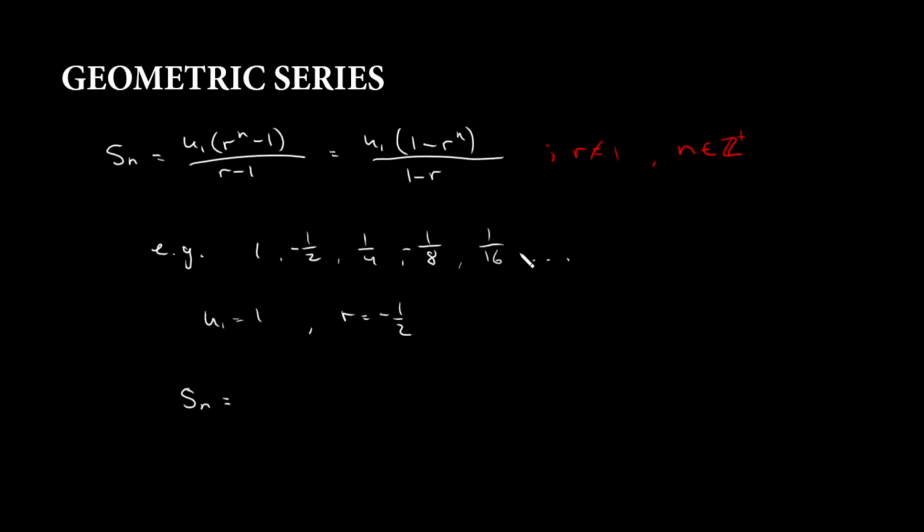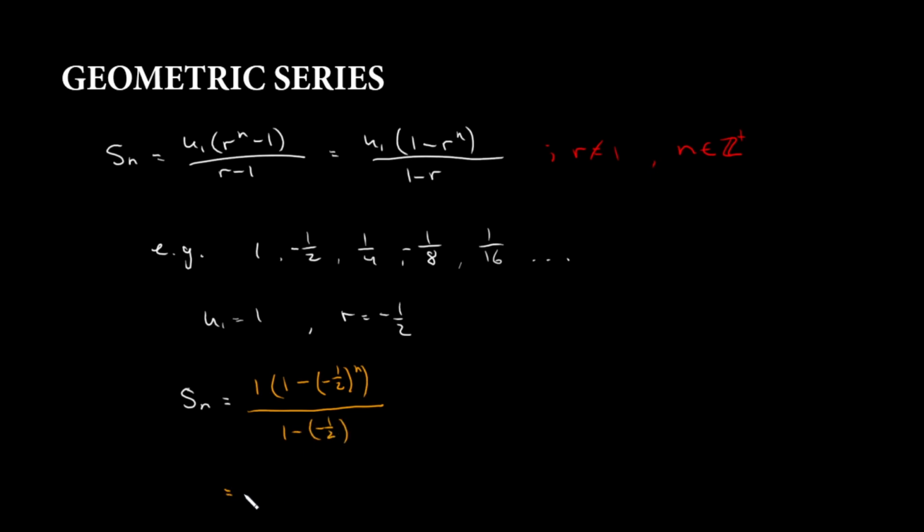So here we have the same sequence, and we're going to try and apply this to this sequence. So Sn is equal to either this one or this, right? And in this case, we can see that r is less than 1. So we can use the second formula. So let's try that. So u1 is just 1 times 1 minus r, which is negative 1 over 2, to the power of n, over 1 minus negative 1 over 2.